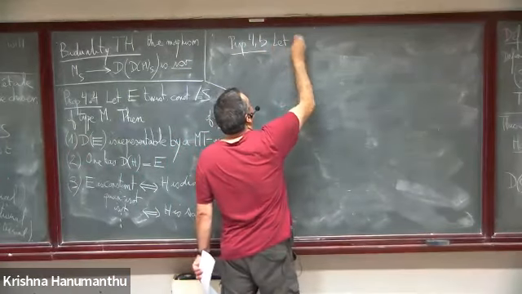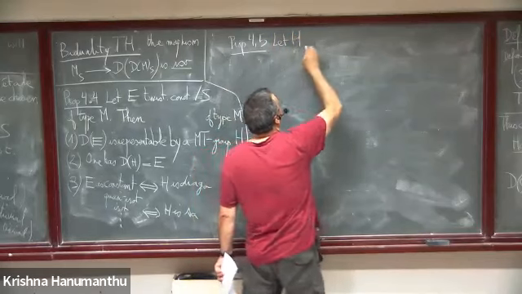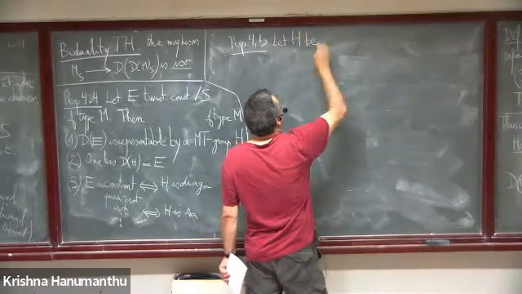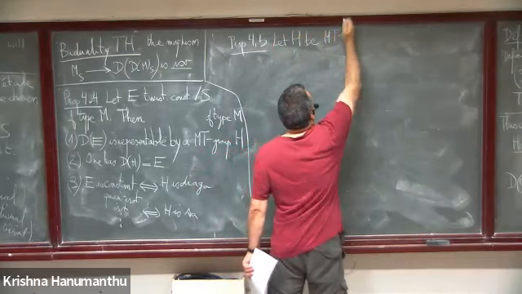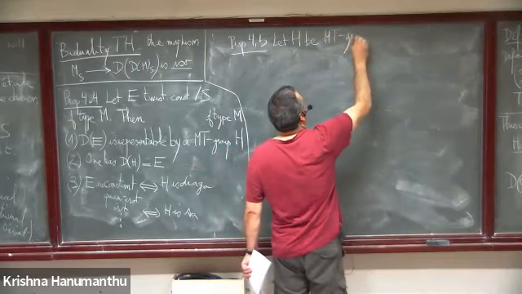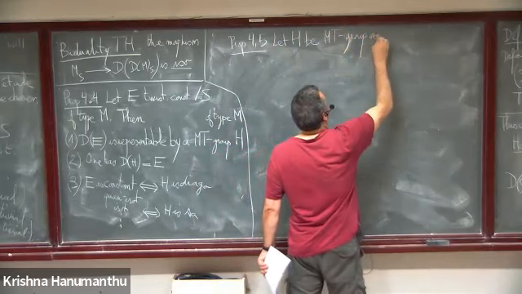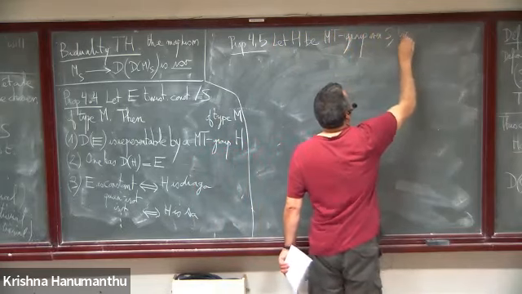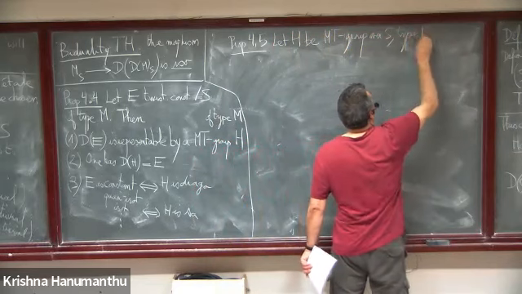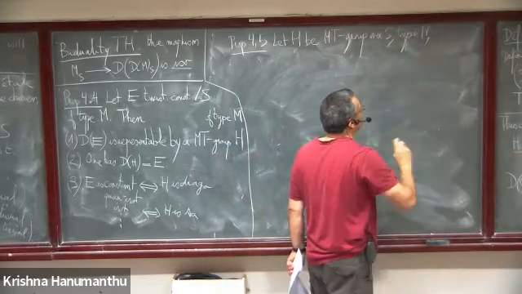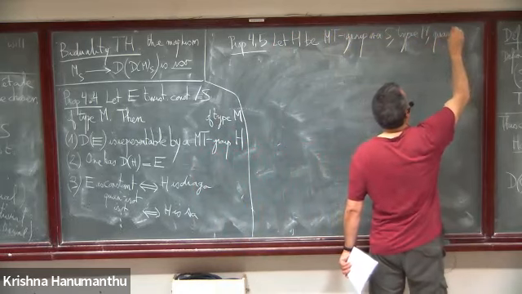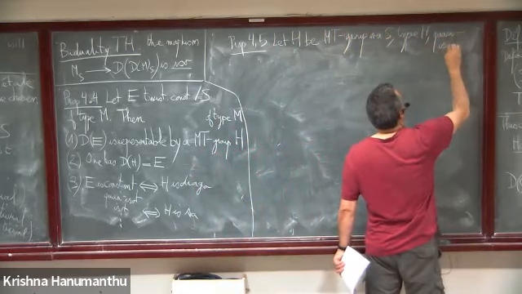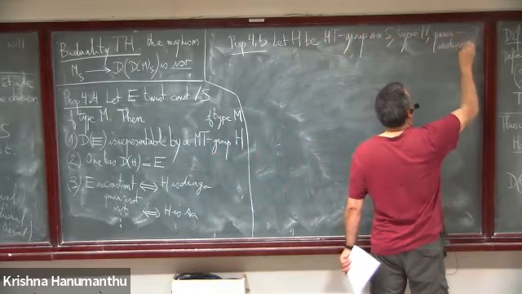So let H be a group of multiplicative type over S of given type M. And here we have to make an extra assumption, that it is quasi-isotrivial. This is an extra hypothesis.